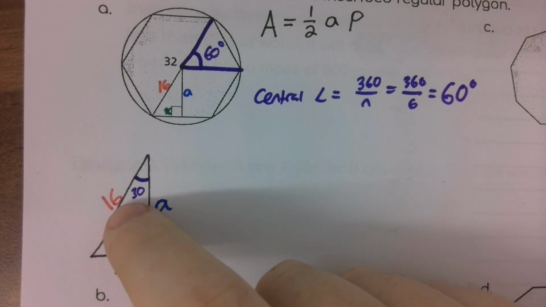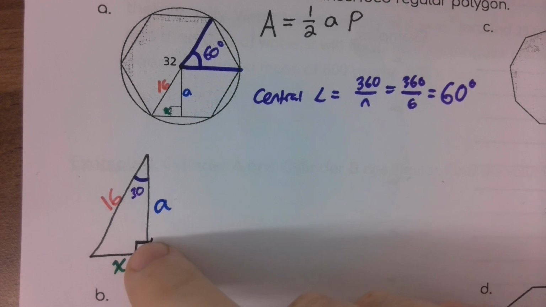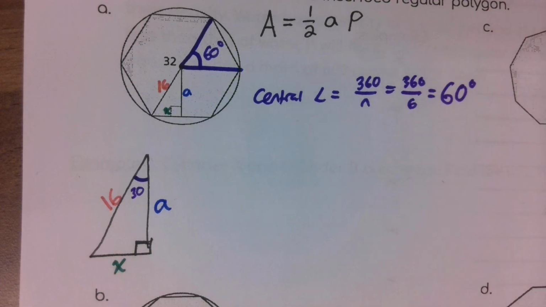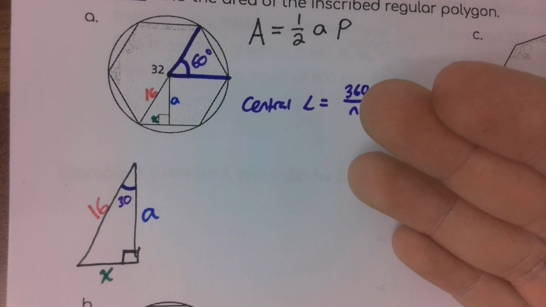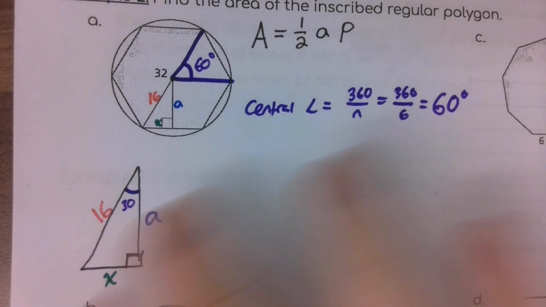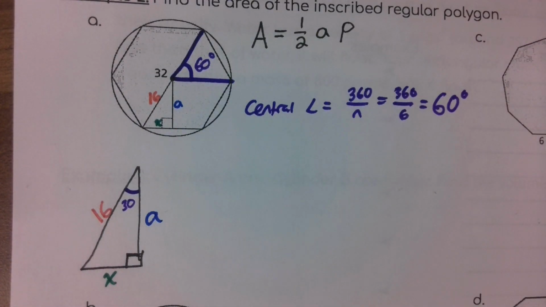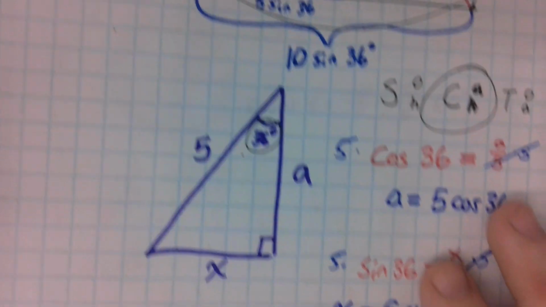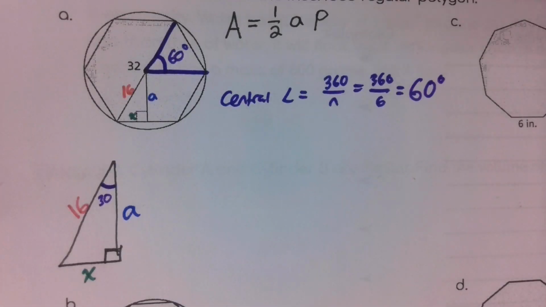This presents us with something very interesting. If we have a 30-degree angle and it's a right triangle, isn't this a special right triangle? Folks, this is a 30, 60, 90 right triangle. Now, we could do all the trigonometry that we solved our first pentagon with, but I'm going to be honest.